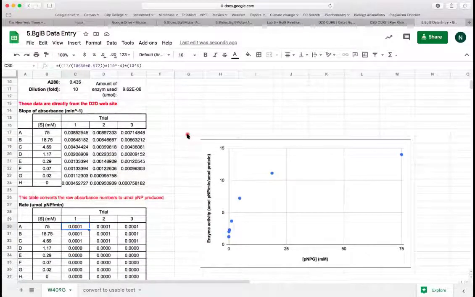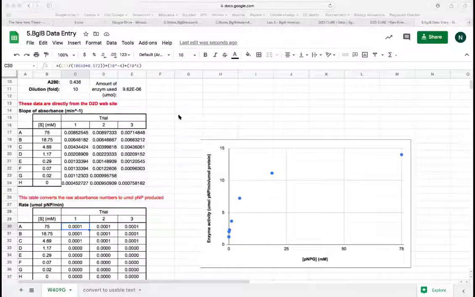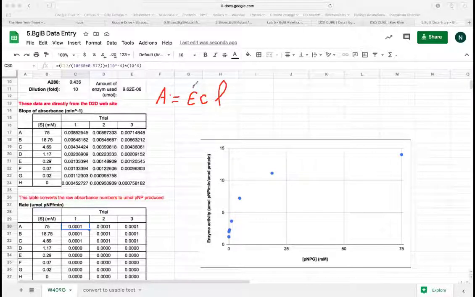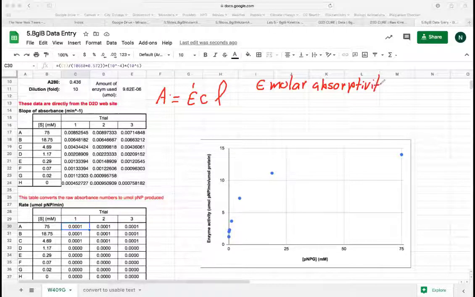Okay, so Beer's law, simply put: absorbance equals epsilon C L. Epsilon is the molar absorptivity, or the molar extinction coefficient.